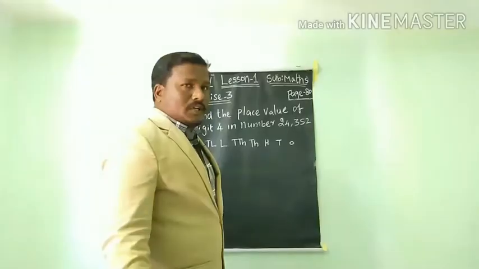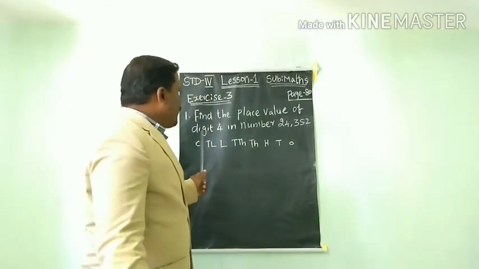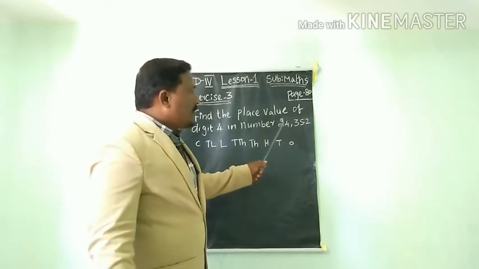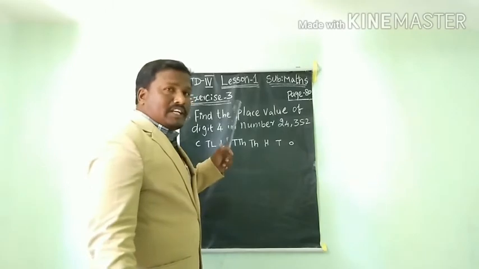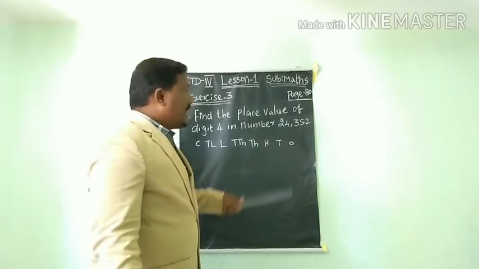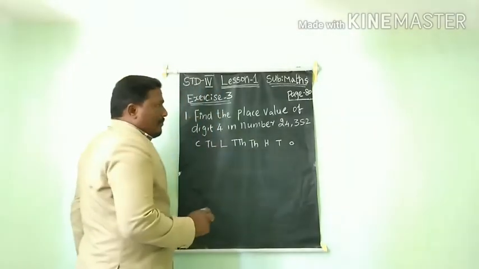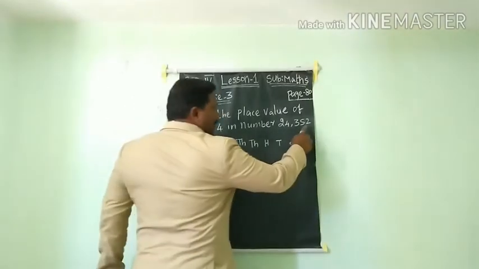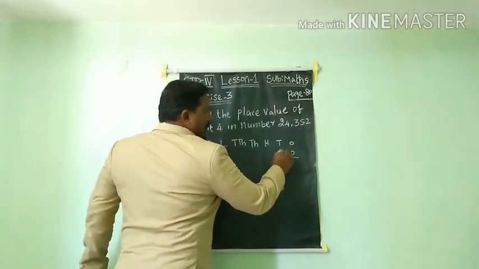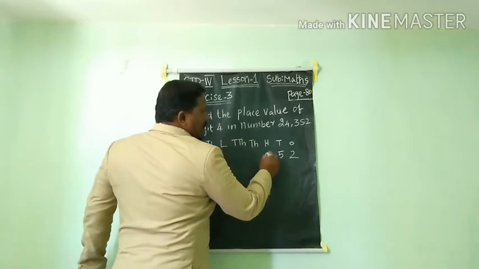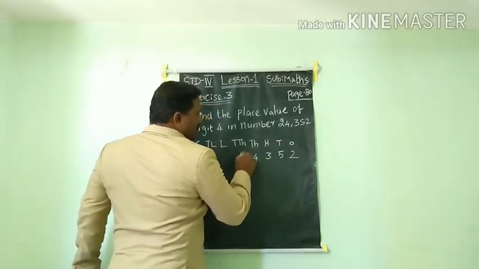Okay students, let me show another example. Find the place value of digit 4 in the number 24352. We already saw one sum, now one more sum. We have to create one chart and place the number. So it's the 1's place, 10's place, 100's place, 1000's place, 10,000's place.